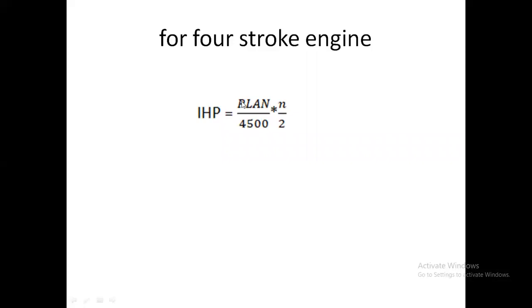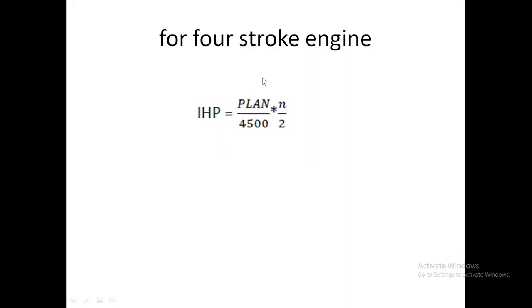P is the pressure applied over the engine piston, given in kg per centimeter square. Capital L is the stroke length, given in meter.